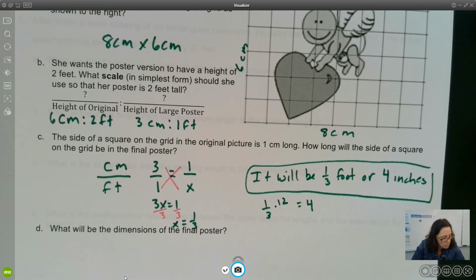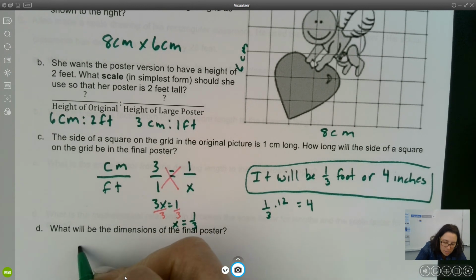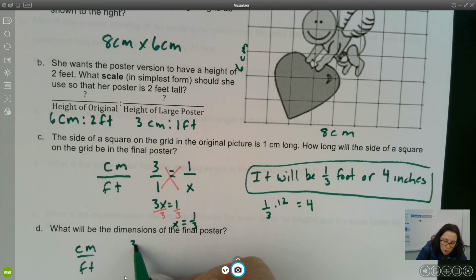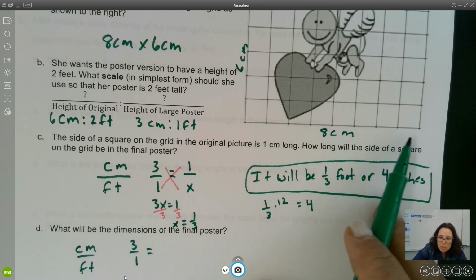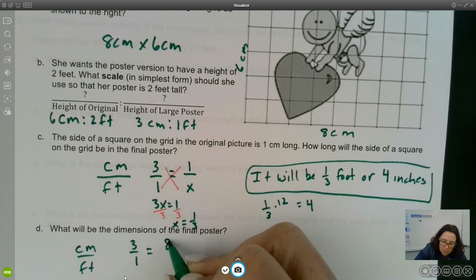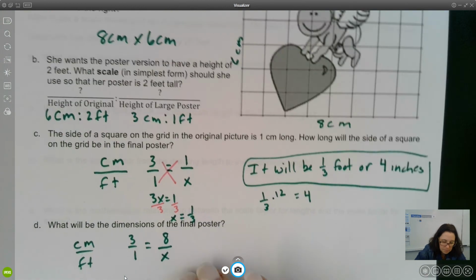All right, so we're going to take this 8. Okay, so here we go. We've got centimeters over feet. We've got this relationship 3/1. And then we've got this 8 centimeters that we need to convert into how many feet?